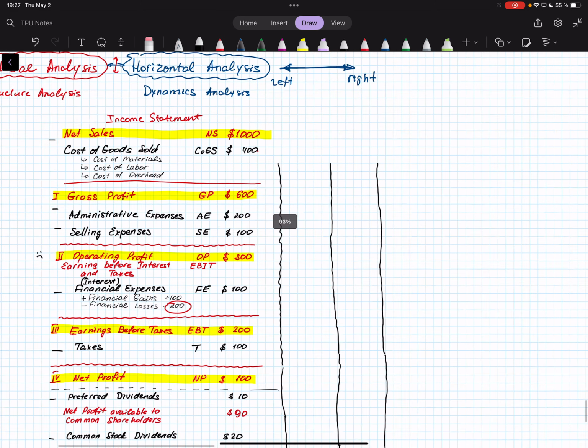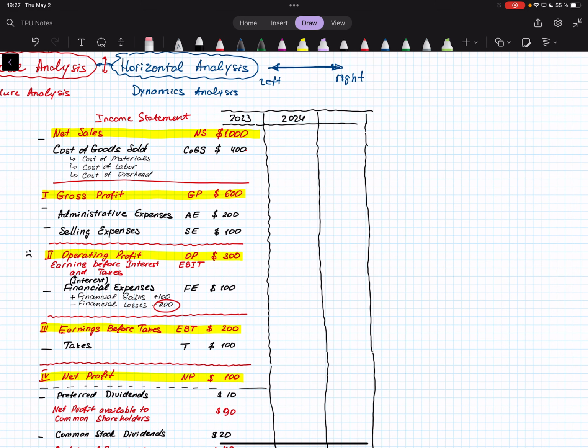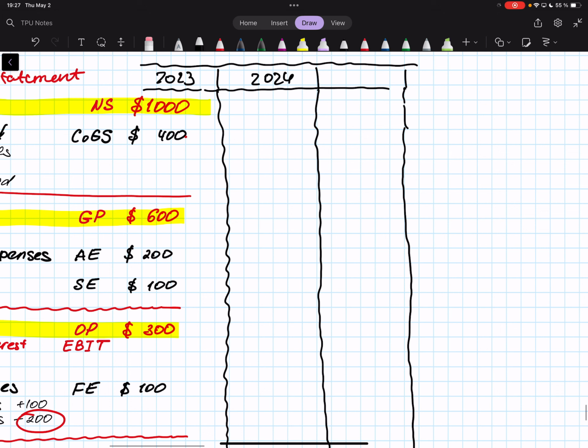Okay, let's imagine that the results for the year 2023 were as they're given here, but in the year 2024, the numbers have changed. Let's say that in 2024, the company generated sales of $1,200.